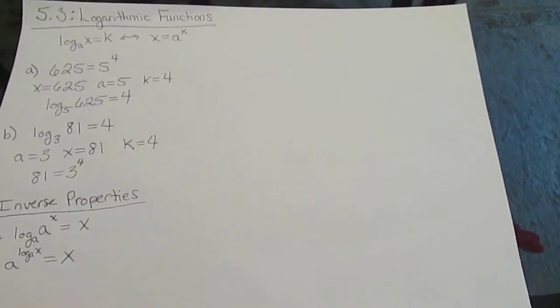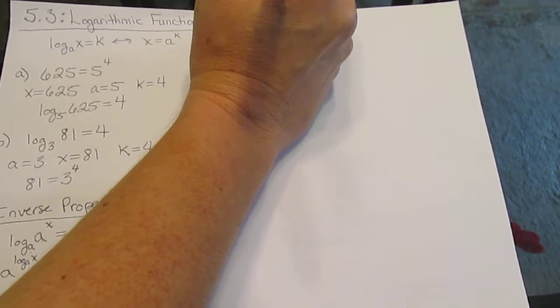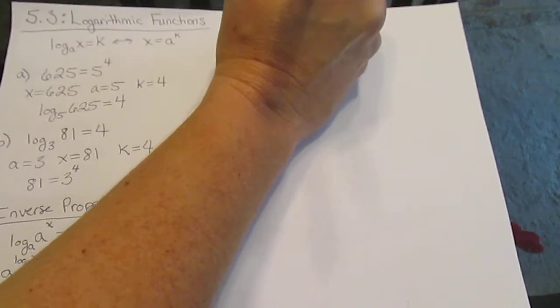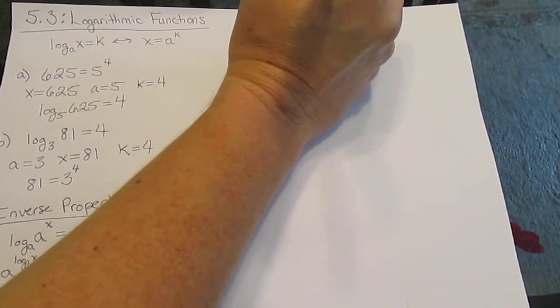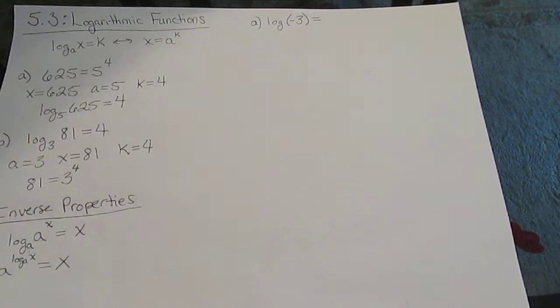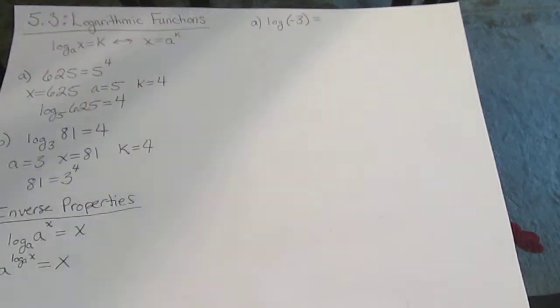Okay, so part A, they give me log of -3. Okay, well again, in the notes, I gave you all the definitions. So you've got some definitions of your logarithms in your notes.